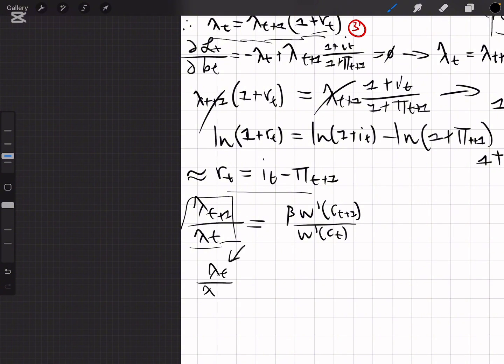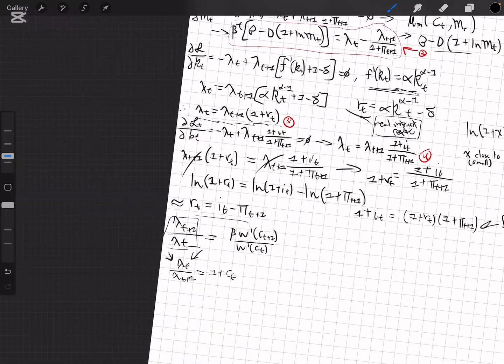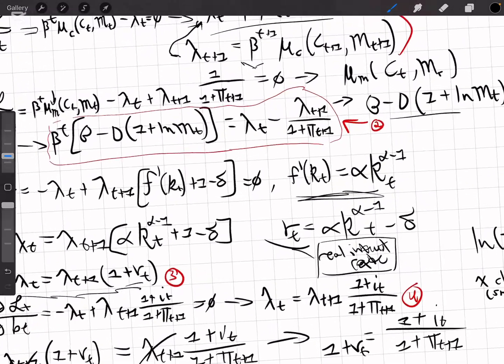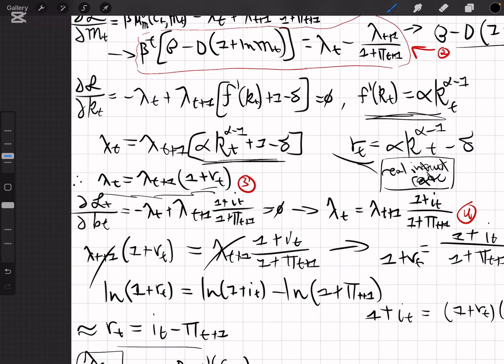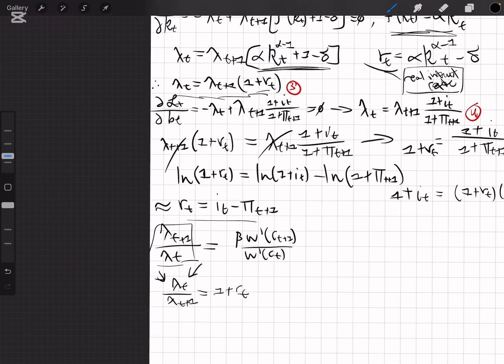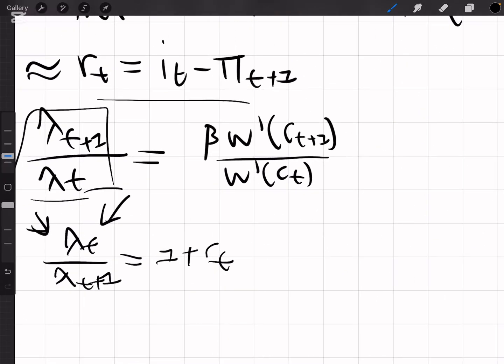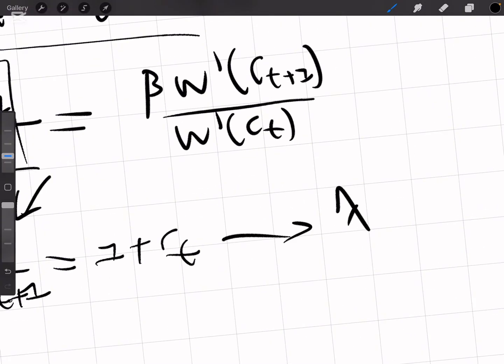Look down here. By the way, I'm just looking up here. This is equal to 1 plus RT. And we know that 1 plus RT, where is it? I'm freaking out. This is that, okay? And so we flip that over.